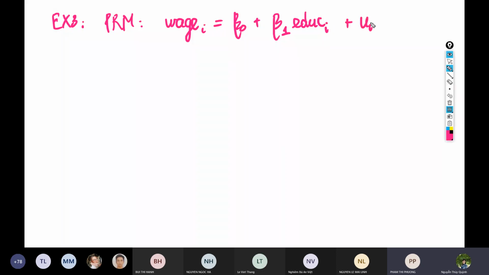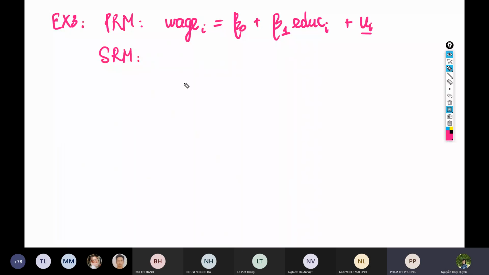Not the residual, but this ui. The residual only appears in the sample regression model. This one is the ui. All right, so what will be your sample regression model?